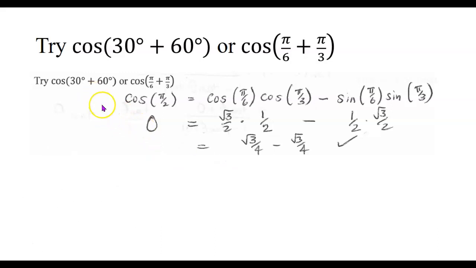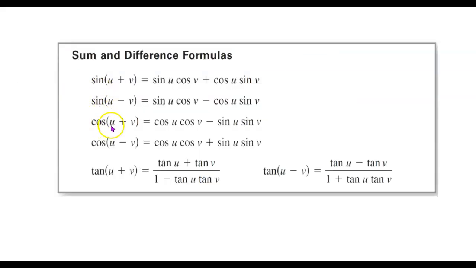Here's another example, this time of the formula for the cosine of a sum of two angles. The formula says that the cosine of u plus v is equal to the cosine of the first thing times the cosine of the second thing minus the sine of the first thing times the sine of the second thing.